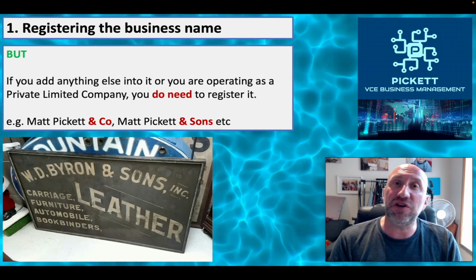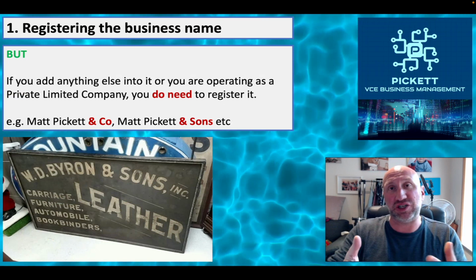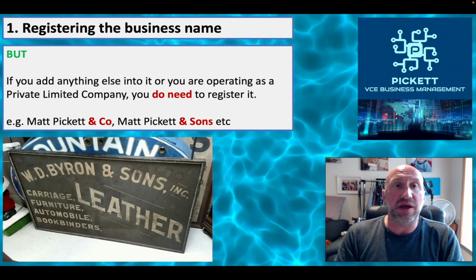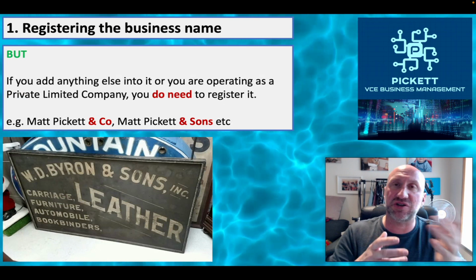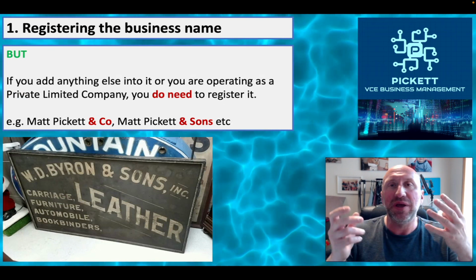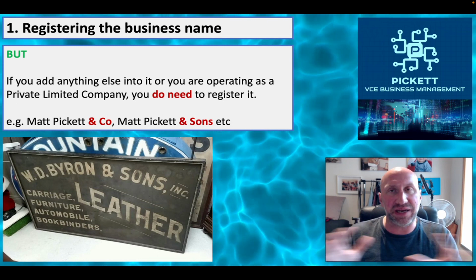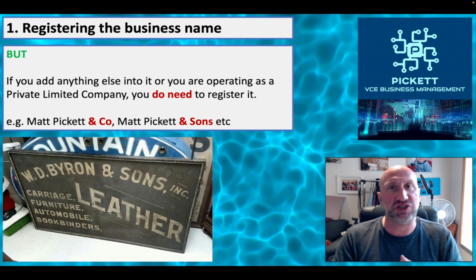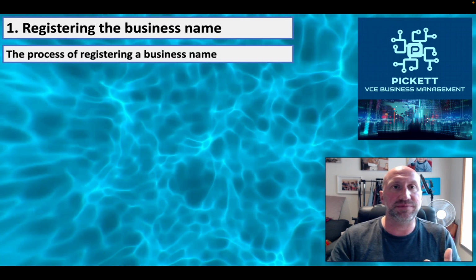But if you add anything else into that name, or if you're going to actually operate as a private limited company as opposed to operating as a sole trader, then you do need to register the name. Okay, so for example, when I say adding stuff in, Matt Piggott & Co., Matt Piggott & Sons, if you're changing it in any way, shape or form from just your basic name, then you would need to register it. So it's really important to recognize that distinction.